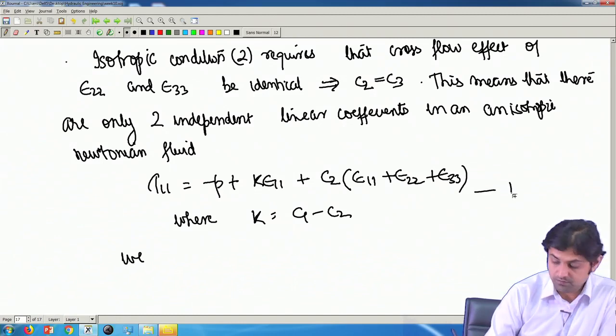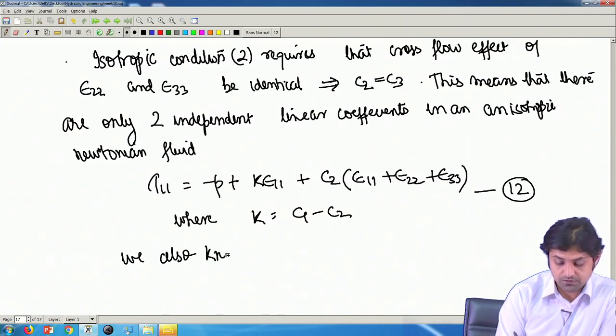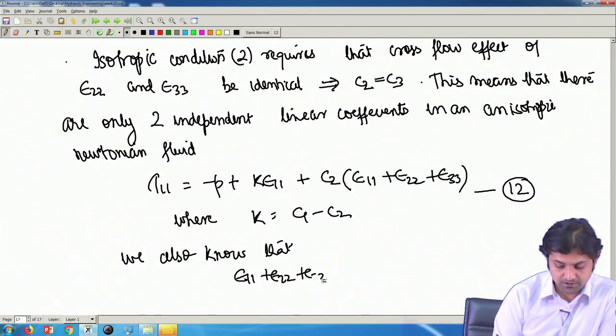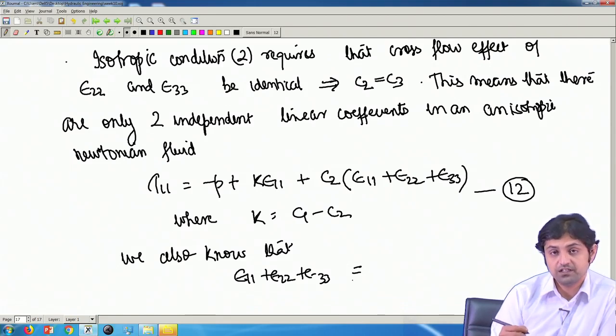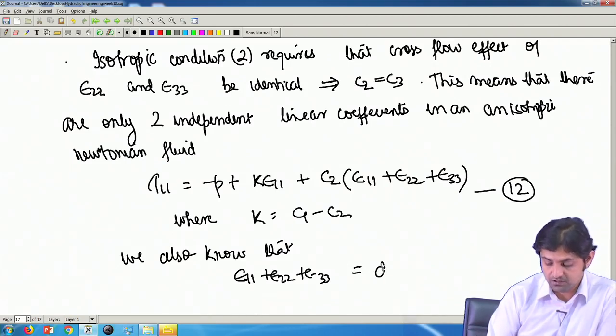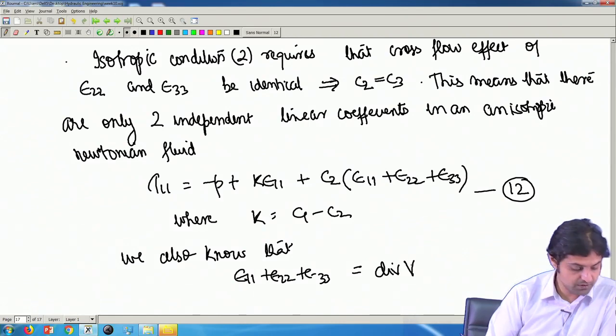This is equation number 12. We also know that epsilon 11 plus epsilon 22 plus epsilon 33 is, we have seen this for the derivation of continuity equation, divergence of V.